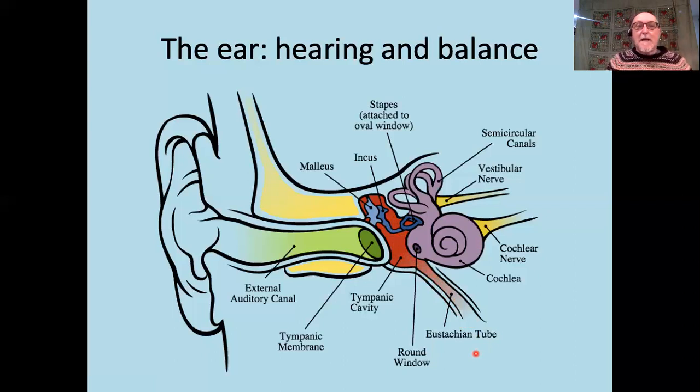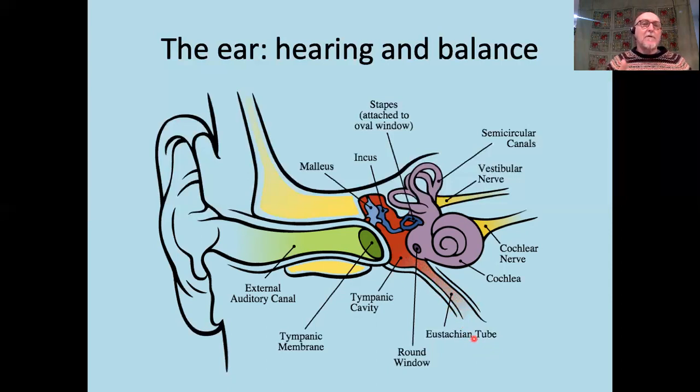Under some circumstances, if we undergo sudden pressure change, you can't do it quickly enough, and the eustachian tube kind of closes, and you actually have to do something conscious, like swallow or something. Some people can clear our ears, and what you're doing is you're actually opening this eustachian tube to allow the pressure to equalize.